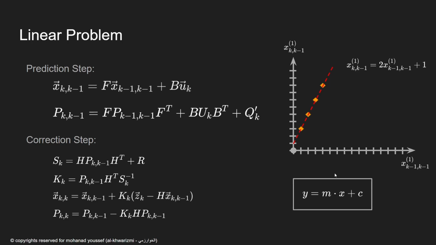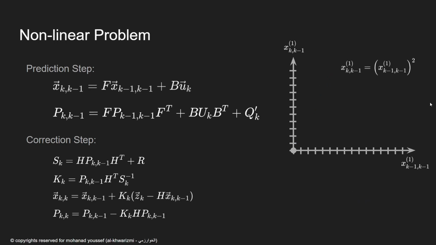So any linear equation can be expressed in this form, y equal mx plus c, where m is the slope or the factor here, and it can be derived by the delta y, the change in the y-axis, divided by the change in the x-axis. And here this term is c, that's the offset, which in this example is 1.